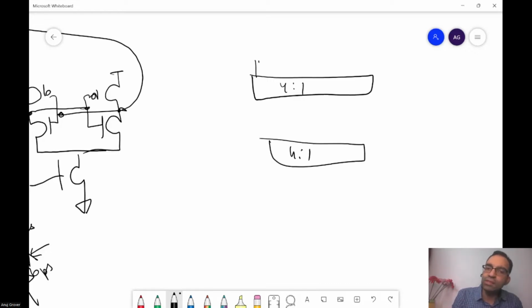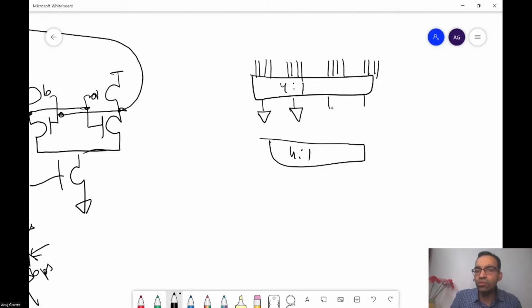So what happens? There will be 16 lines coming in at the top. They will get converted into a set of 4 lines after this 4:1 mux. There would be a sense amplifier for each of these. The outputs of these 4 will then go into this, and you will get the final single Q output over here.